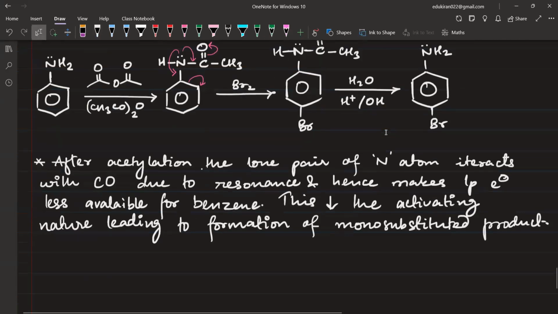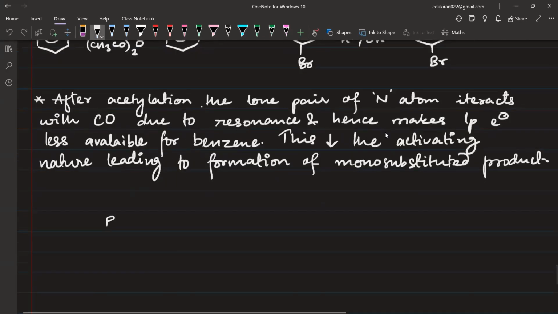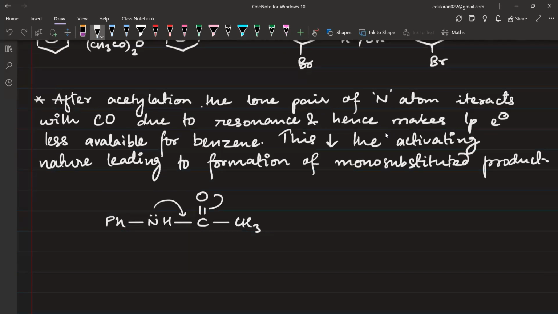Okay. So after acetylation, we have something like this, that is benzene ring, nitrogen atom, which is having one hydrogen. It is having C double bond O, CH3. Now, this whole thing is in resonance with the carbonyl carbon, making it N bonded to nitrogen with one hydrogen, doubly bonded with carbon, and this oxygen is having a negative charge.